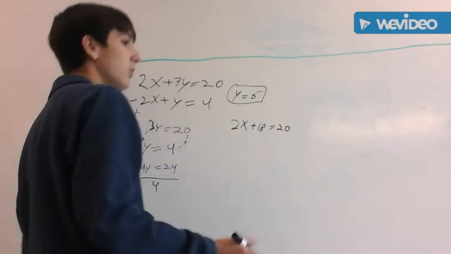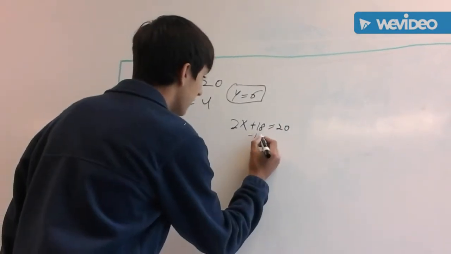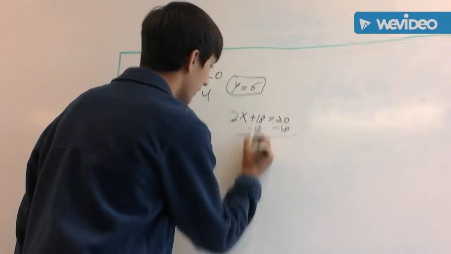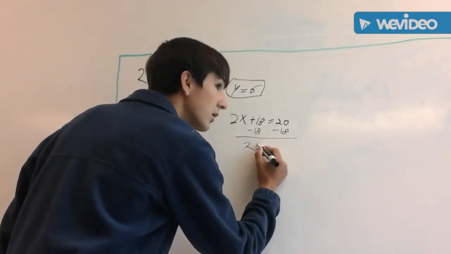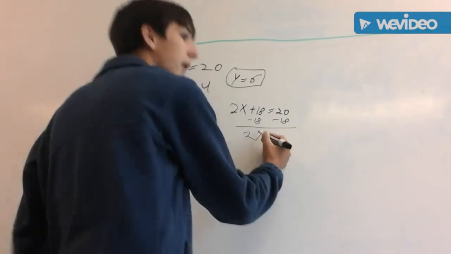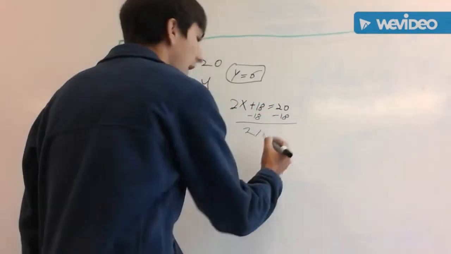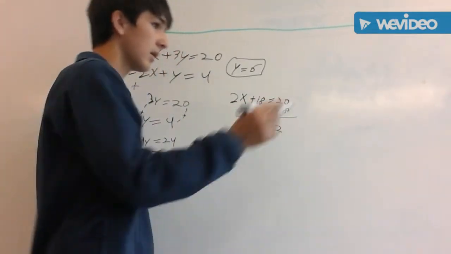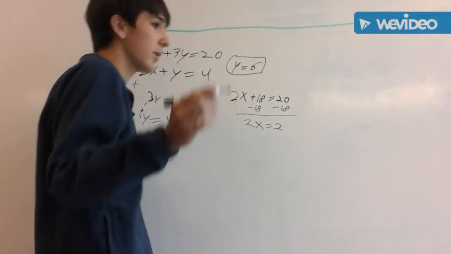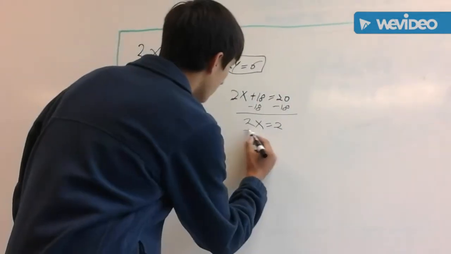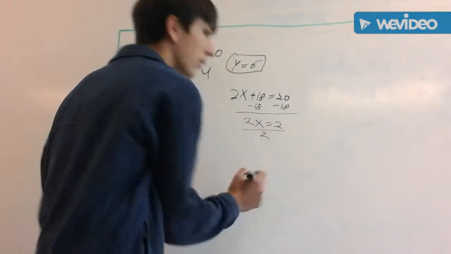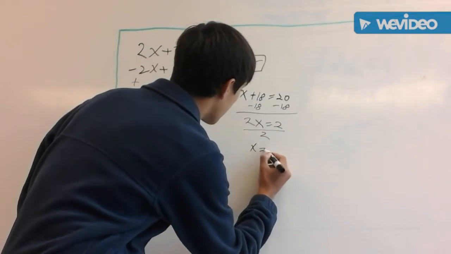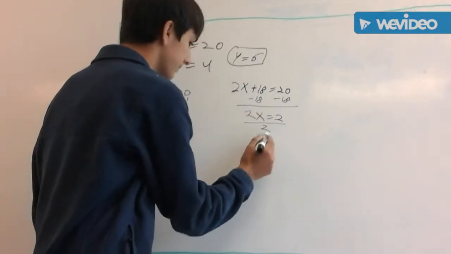And now we subtract 18 from both sides, and we get 2x equals 2. Now we divide both sides by 2 and get x equals 1.